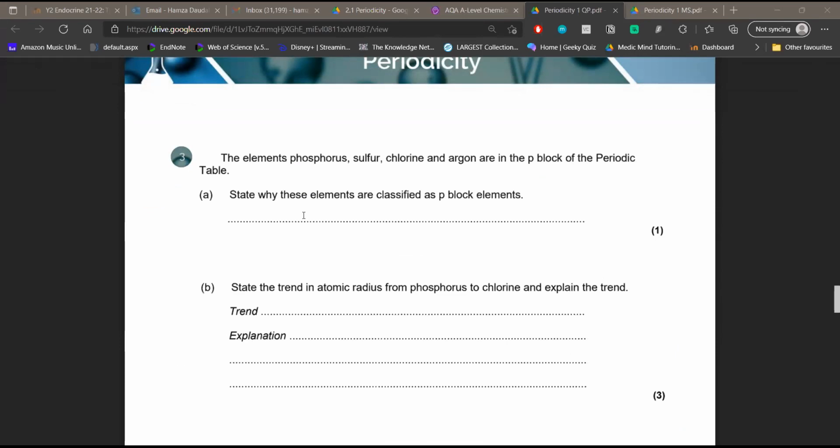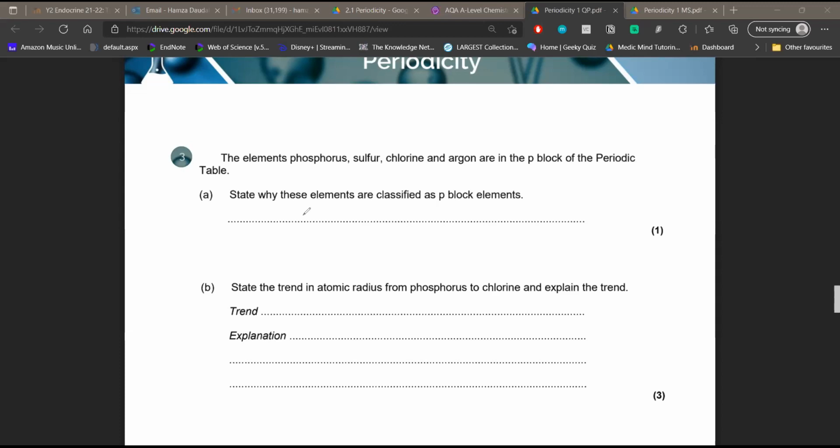Phosphorus to chlorine atomic radius trend. Increase?